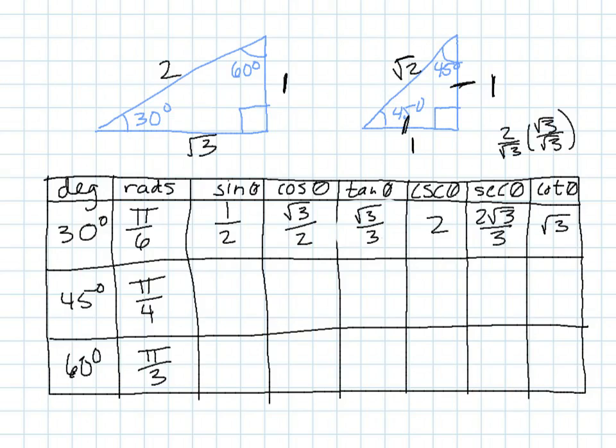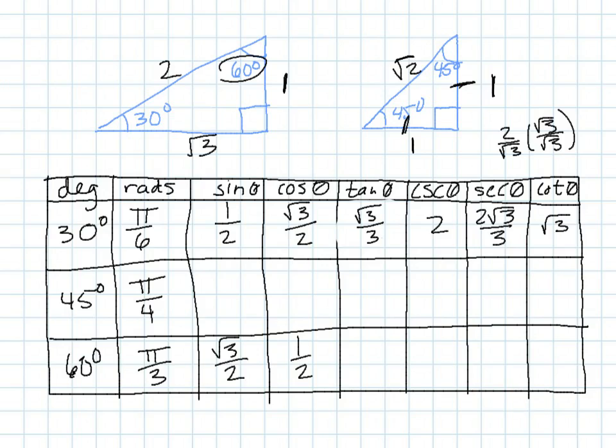Okay. Now using that for, let's say, 60, if you think about 60 degrees, the opposite over the hypotenuse is going to be square root of 3 over 2. Okay? The cosine of that is the adjacent side over the hypotenuse, which is 1/2. Now if you could kind of see, the sine of 30 and the cosine of 60 are the same, and vice versa, the sine of 60 and the cosine of 30 are the same.